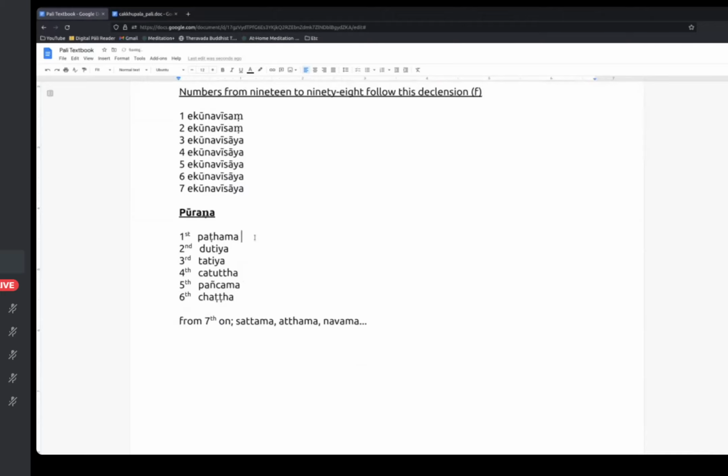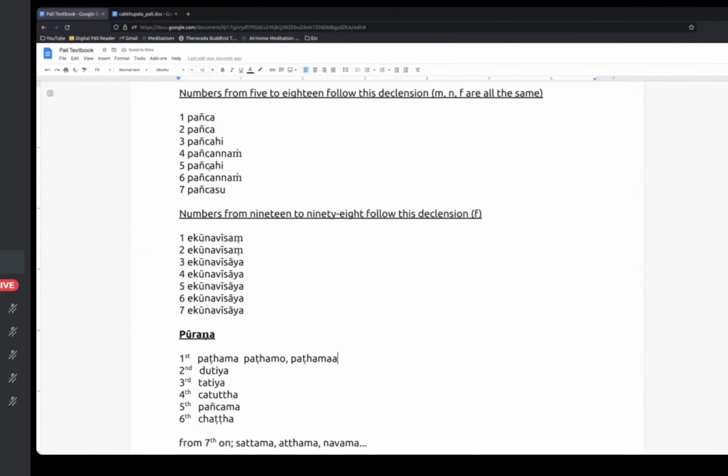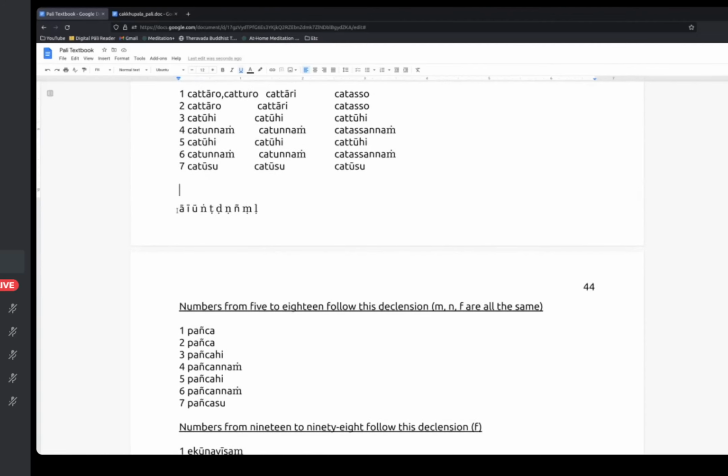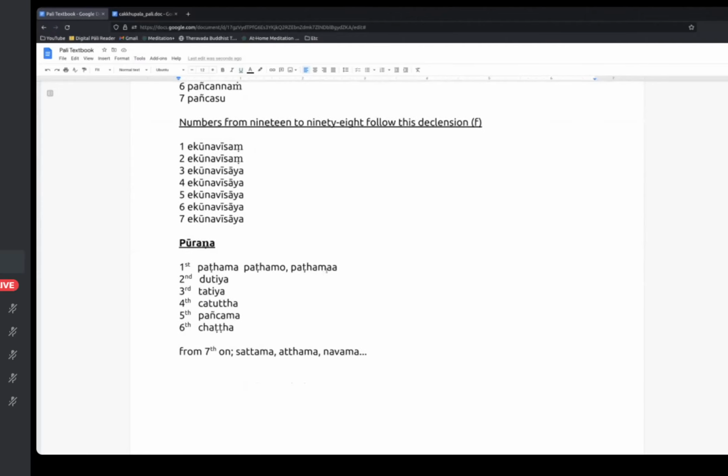But anyway, the masculine would be Yuttadhammo. The feminine would be Yuttadhamma. And so the neuter is, of course, Yuttadhammang.